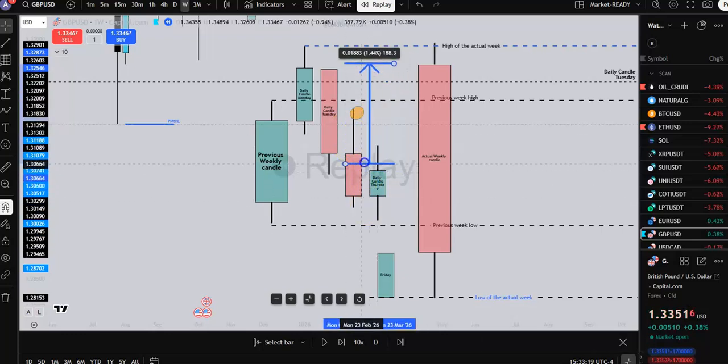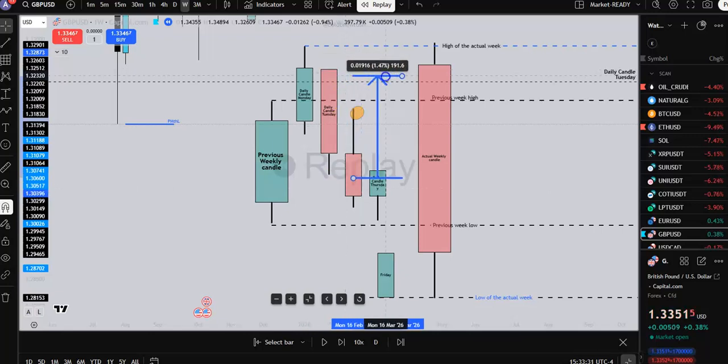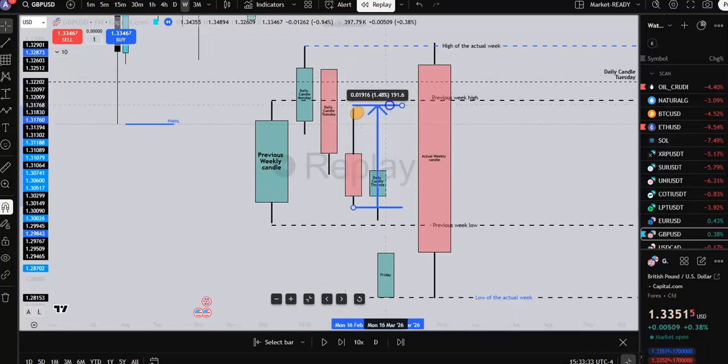So here, in this example, not only did we take the previous day low, but we closed below it. In this case, we took the previous day low, but we closed above it.